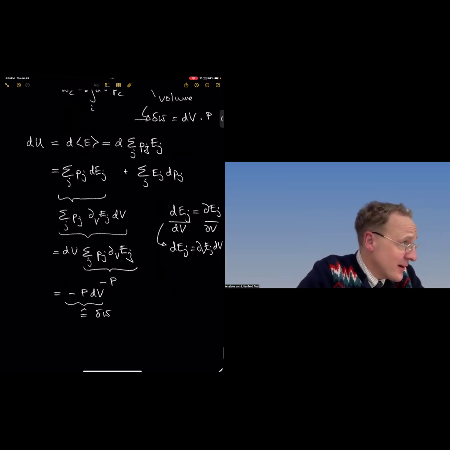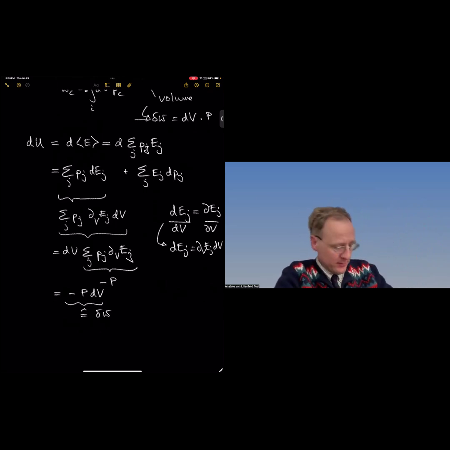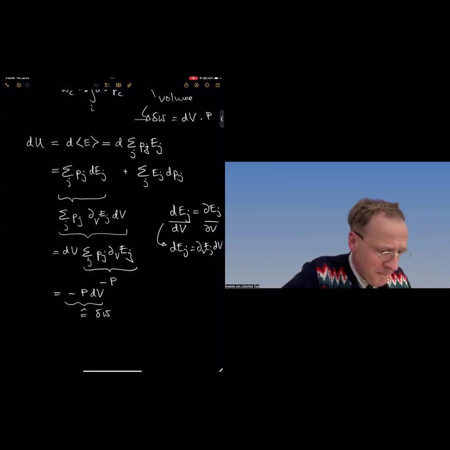Any questions so far? Is the derivation clear? Yes, please. What does it mean to have a partial differential followed by a differential? Like sigma dE/dV dV. Does that mean you have to differentiate twice?